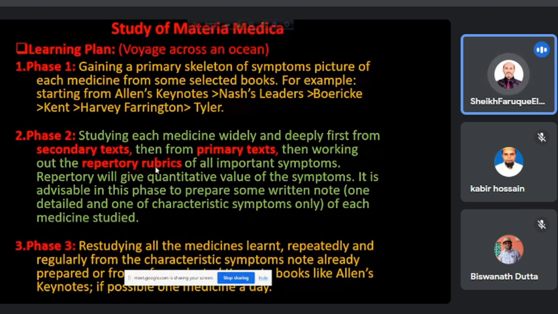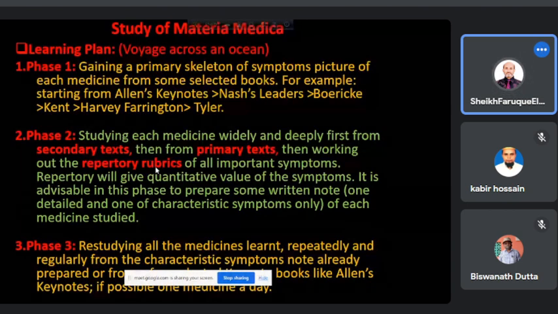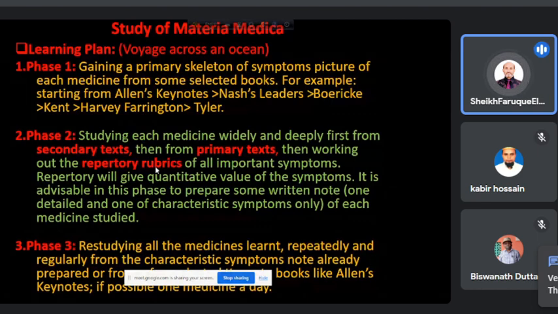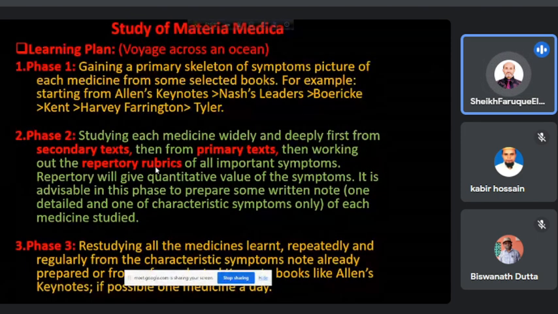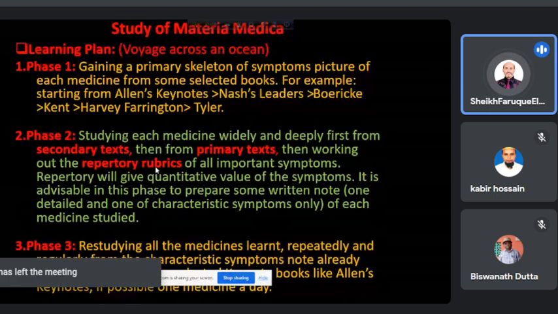You go to the repertory in the chapter of respiration, go to night, midnight, after 3 to 4, and you find sitting up, bending forward. So your confidence will be more. Your confidence in learning your medicine will be more because you find the symptoms in the materia medica and its rubrics in the repertory. So your learning will be very smooth, very solid.